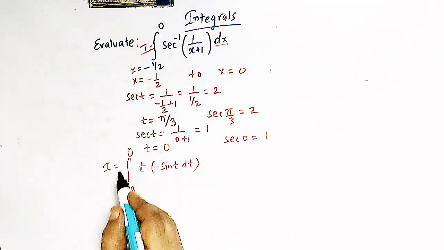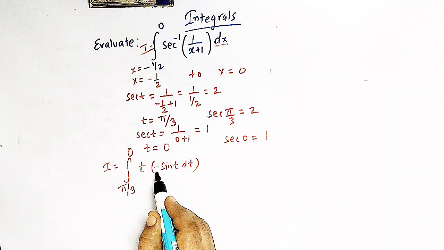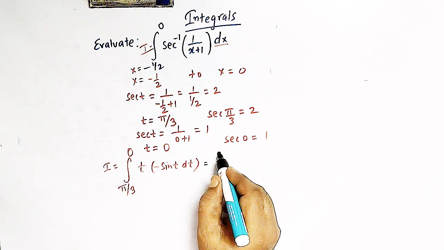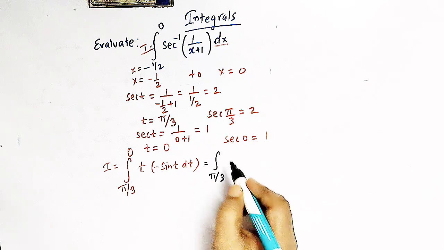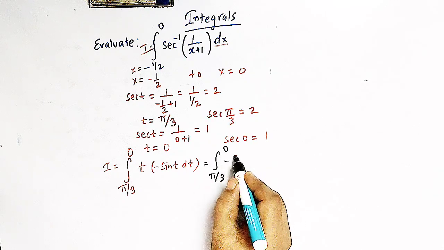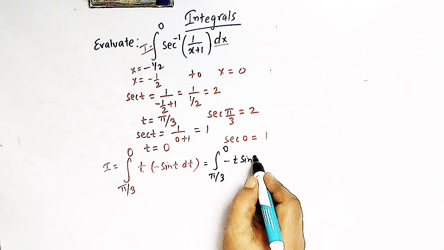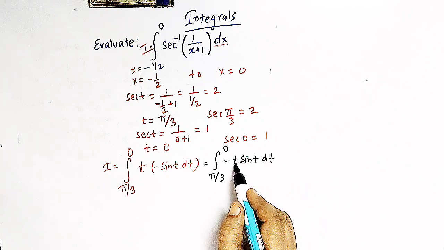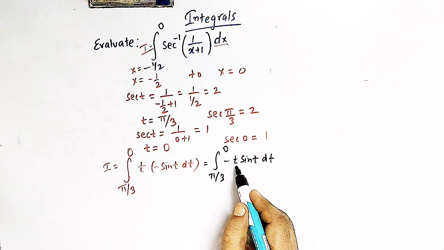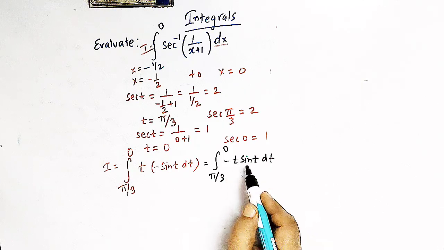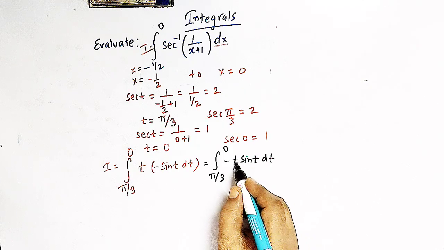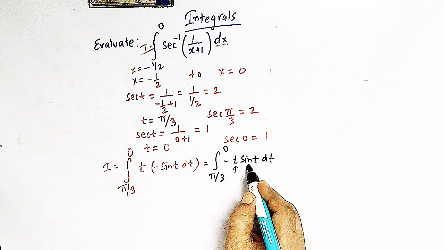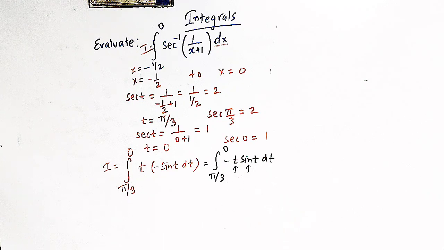Now we have to evaluate this integral. So we can now write the integral from pi by 3 to 0 of minus t sine t dt, and we can see that the integrand is the product of two functions. This is a polynomial function t, and this is a trigonometric function.